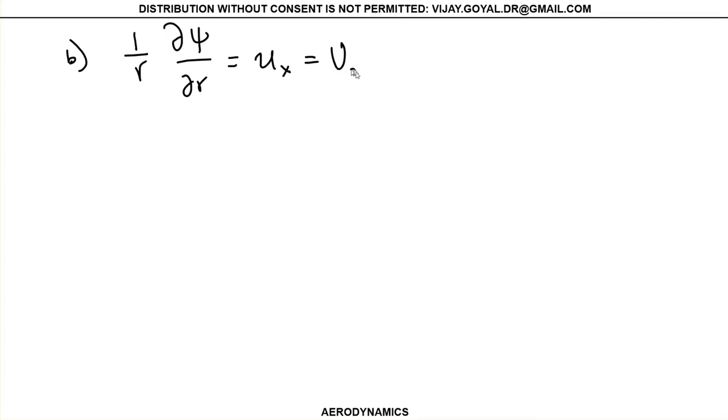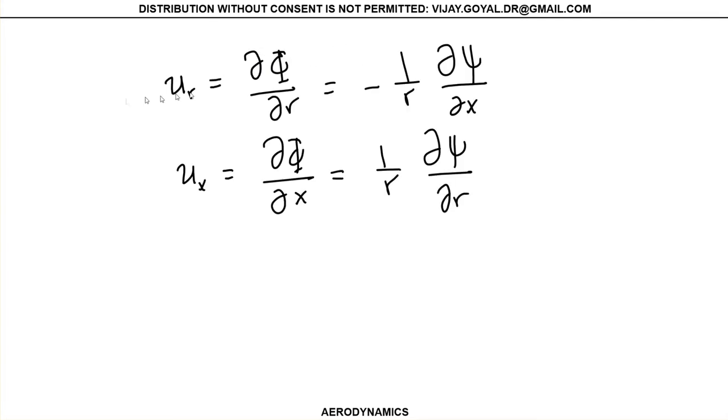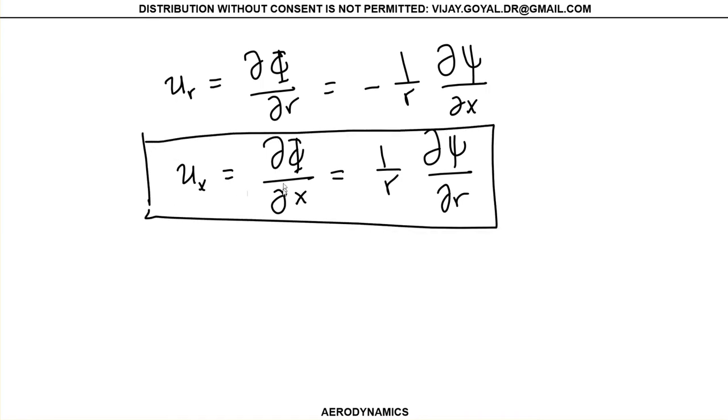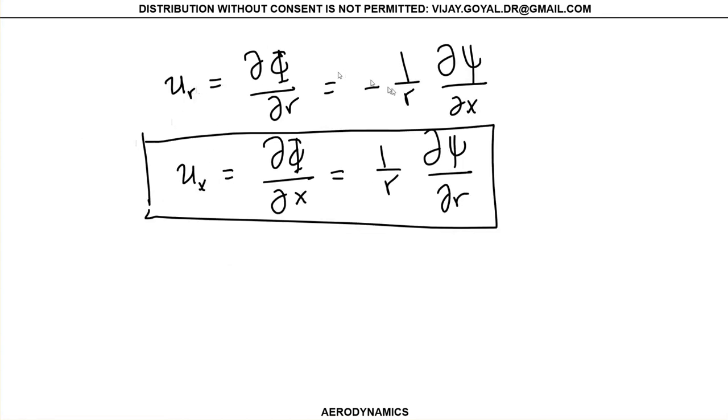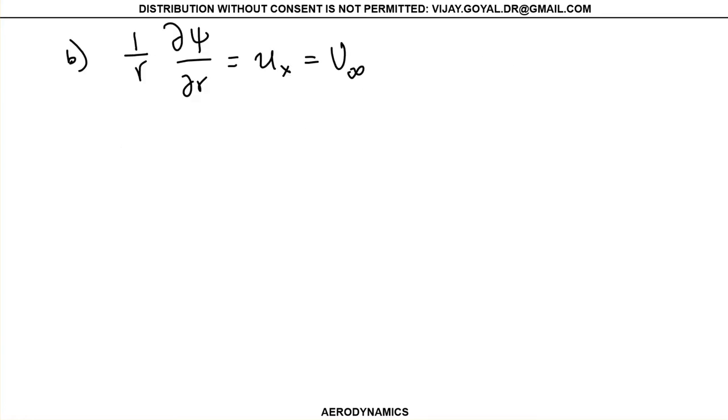These are the equations I'm using. I used these two equations to find my ux and my ur. Now I'm using the same equations, but to find my psi. Okay, so I do this, and I can find that psi of x is actually equal to u.